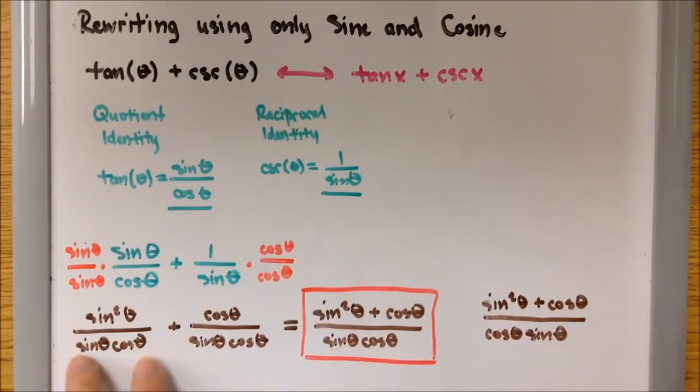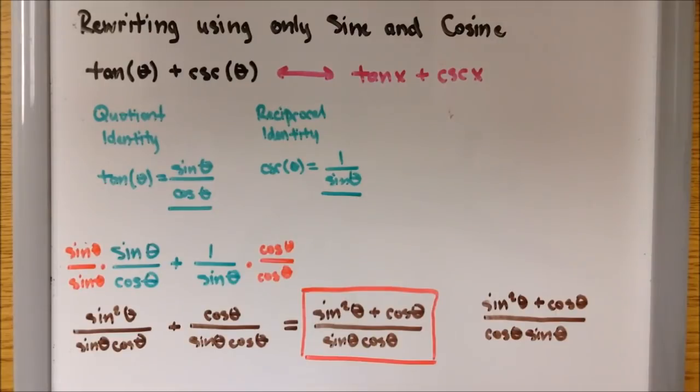Again, if I go back to when we were multiplying to get a common denominator, it was sine theta times cosine theta, which became sine theta cosine theta. But it still means sine theta multiplied by cosine theta. So on the right side, cosine theta sine theta simply means cosine theta times sine theta.